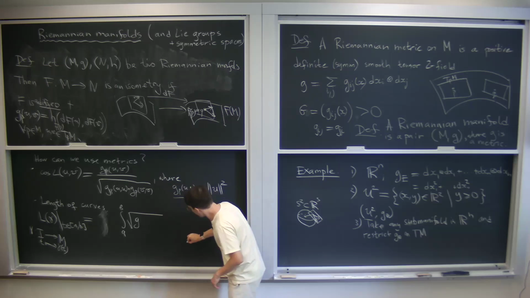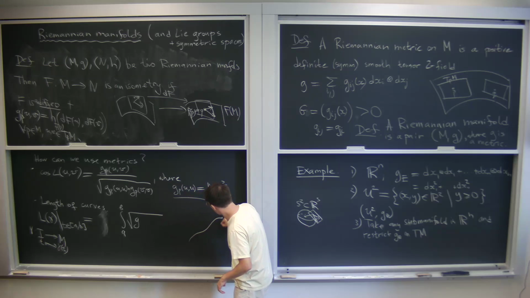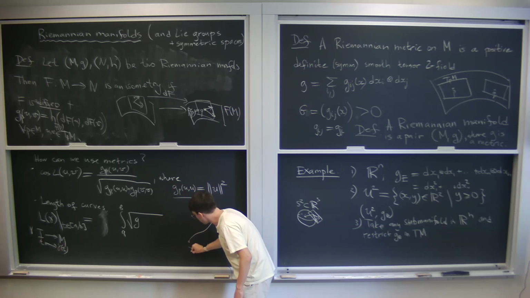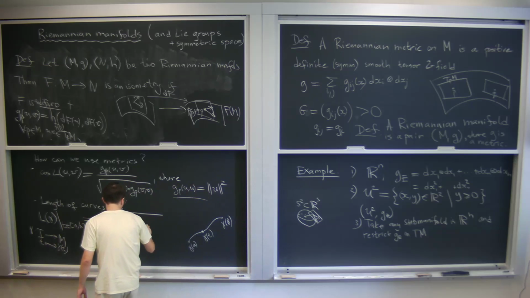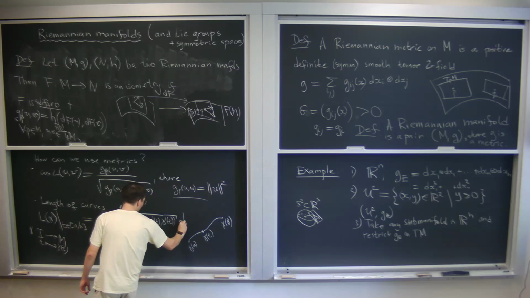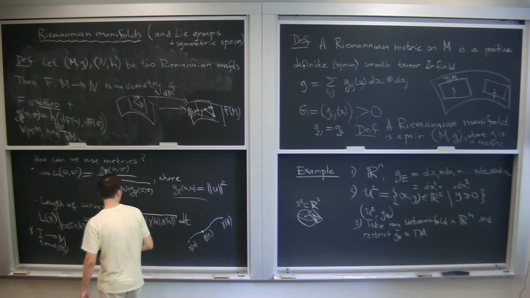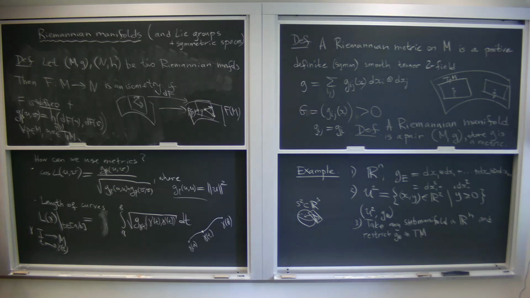Since it is our curve, the point changes. This is gamma of a, this is gamma of b, and generally it is gamma of t. So I'm writing G at gamma of t of gamma prime of t and gamma prime of t, the square root of it, with respect to the parameter t. So this is the length of a curve.